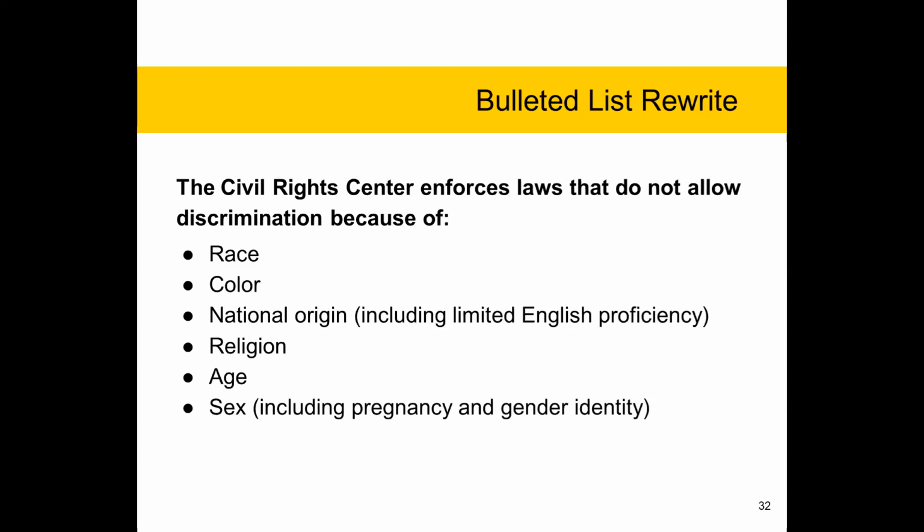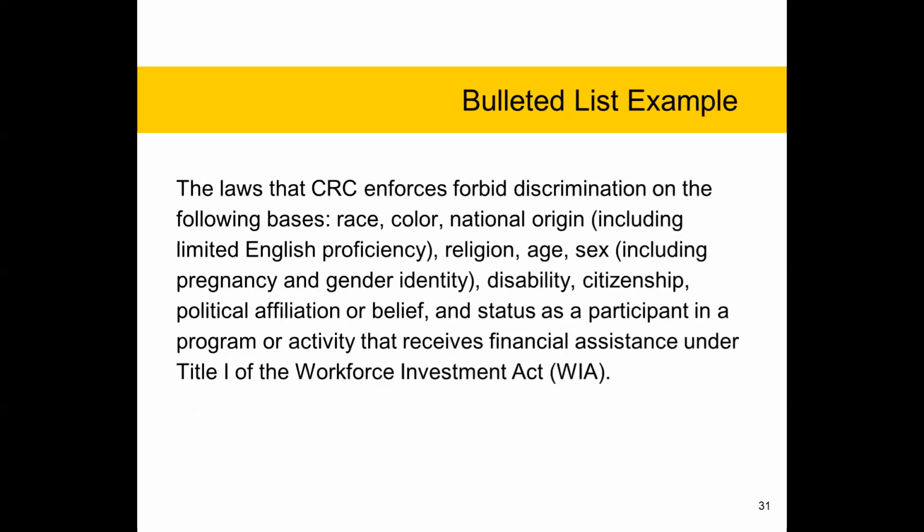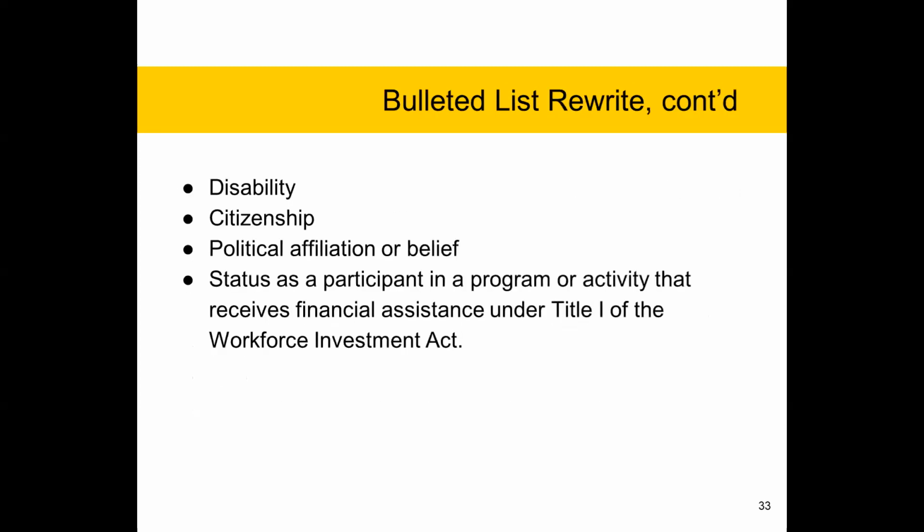So we are learning more and more about how the brain processes information and how that flows back and forth. Our bulleted list is very simply starting from here, go to here. That's a particularly long one, but that is going to be a lot easier for people to scan.